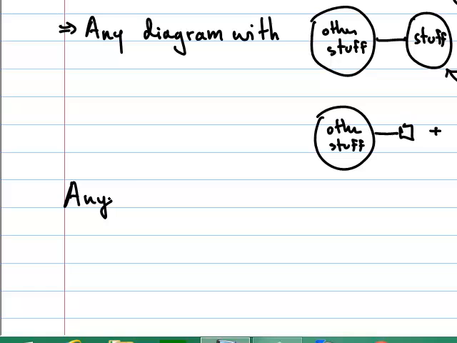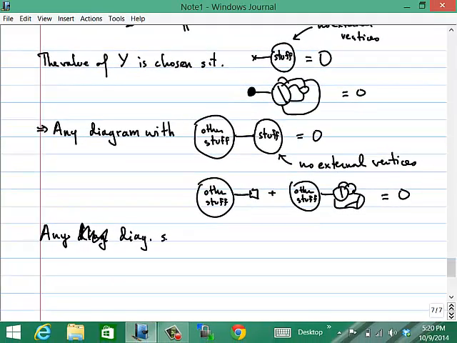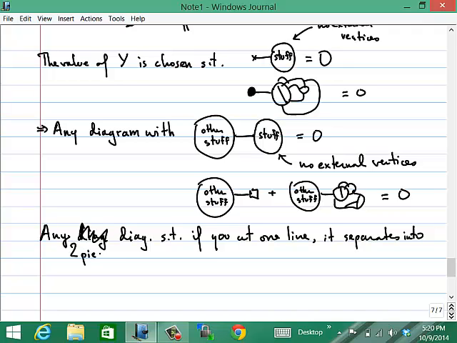In particular, any diagram which has the property that if you cut one line, it separates into two pieces, one of which has no external sources, then that diagram is equal to 0.